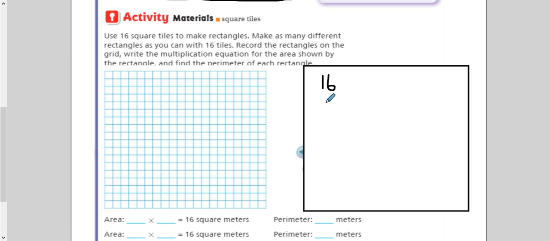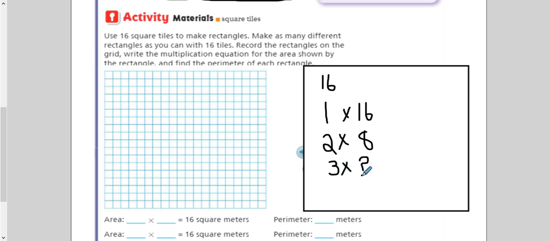All right, so we know that 1 times 16 and 2 times 8, 3 times, nothing.